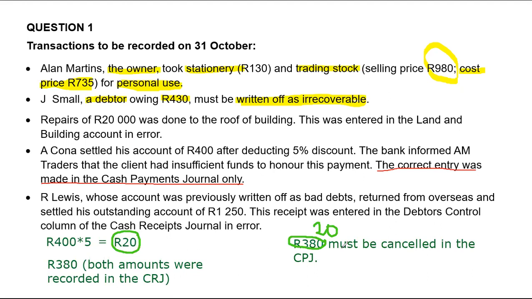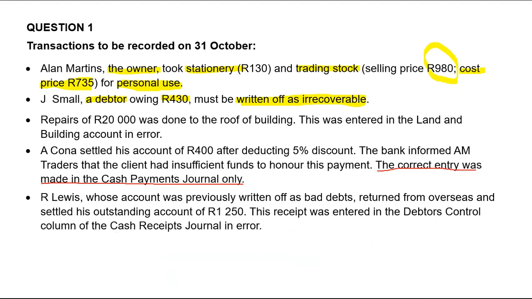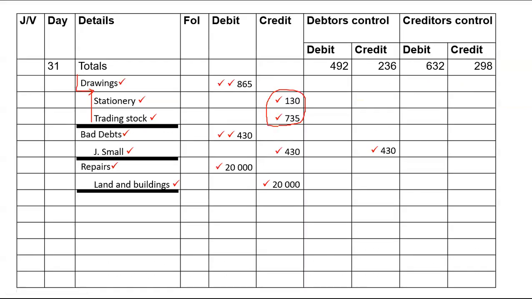So what we need to do now is to reverse that. How do we reverse that? By debiting A corner and crediting discount allowed, which reduces your expense. Now your expense will decrease on the credit side, therefore offsetting the initial discount that we have recognized.